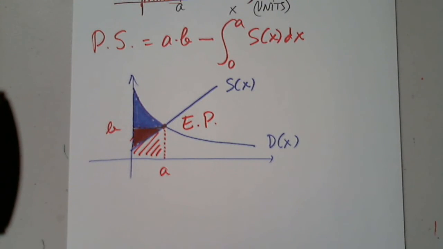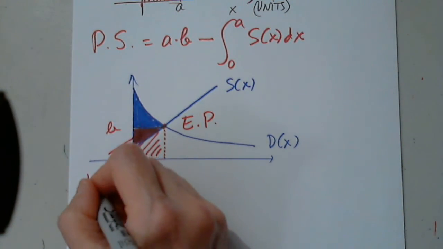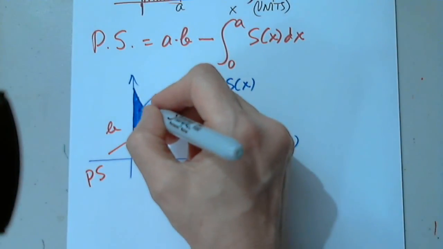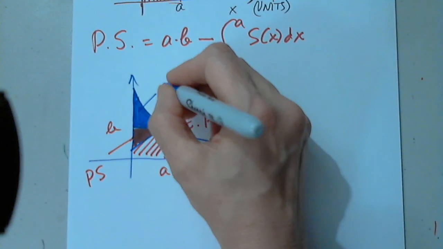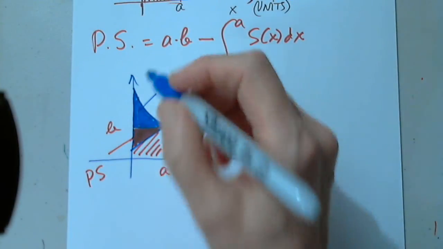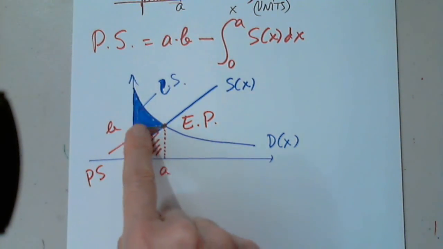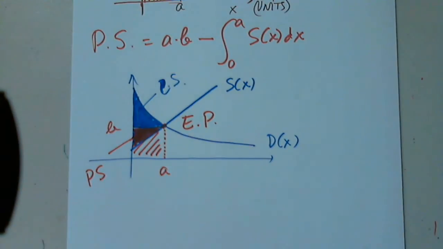I didn't get the chance to show you an example, but this is always the case. This piece here, the red one, is the producer surplus, always, and it can be very tiny. It can be in the cents. I meant consumer: consumer surplus in blue, and in red, this piece is the producer surplus. The formula is pretty much the same.